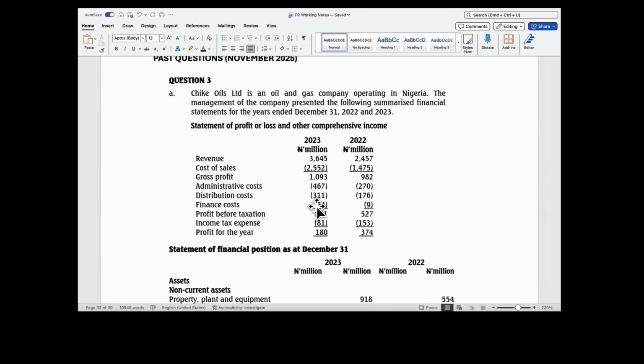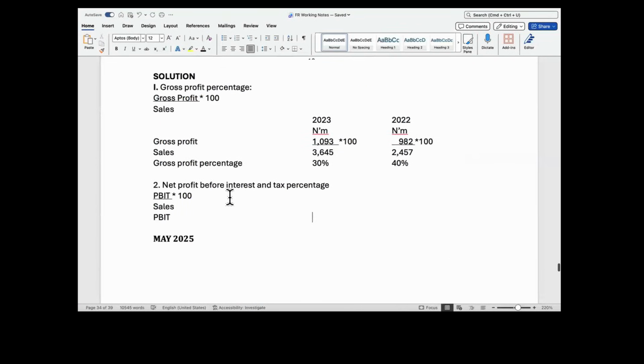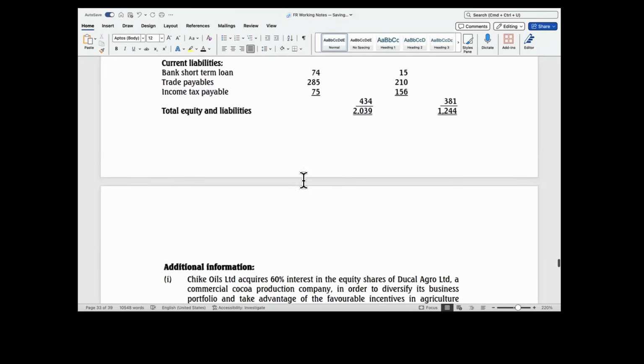So it's just 261 plus 54. For 2023, 261 plus 54 will give me my answer. And for 2022 it is 527 plus 9.